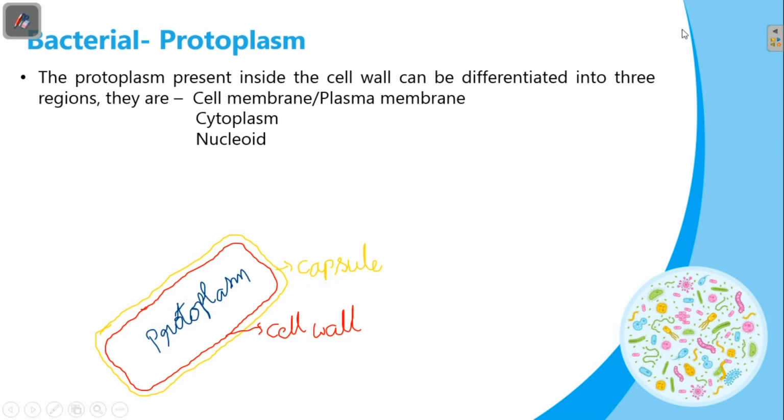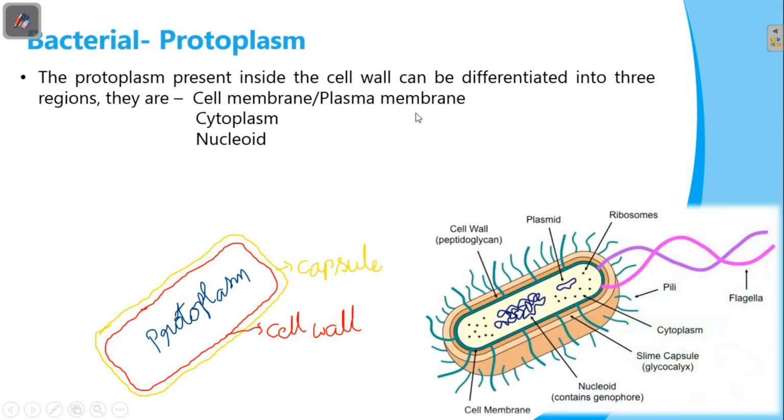It is differentiated into three regions. They are the cell membrane or plasma membrane, cytoplasm, and nucleoid. Here you can observe the cell membrane, and the liquid content which is present inside the cell, cytoplasm, and nucleoid.